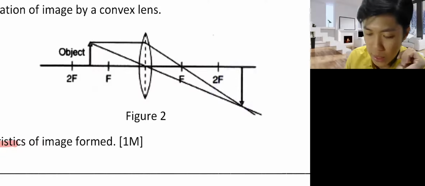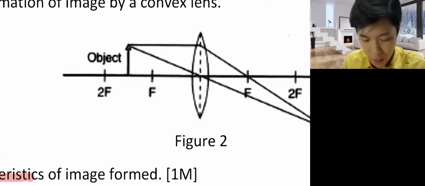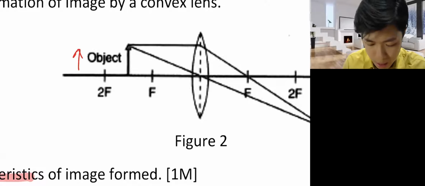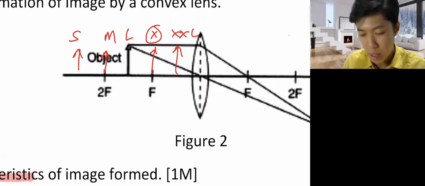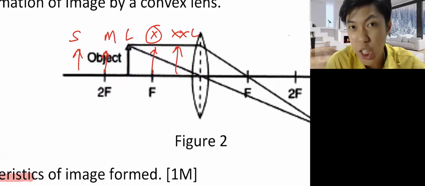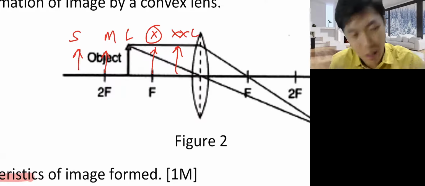Okay, and again, this is when the drawing comes into action. So remember, this is S, M, L, no size, XXL, larger, and it's real and it's inverted. No question asked. That is definitely like that.